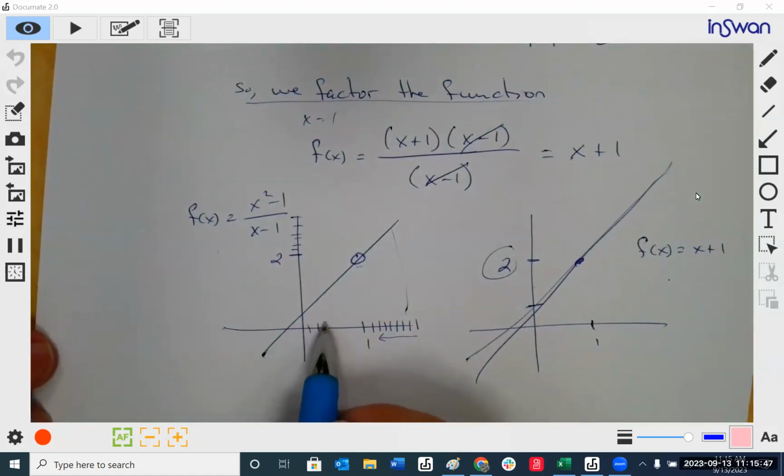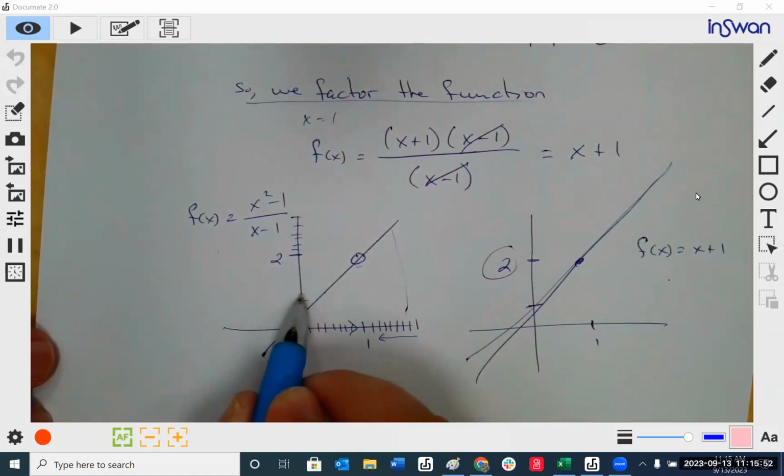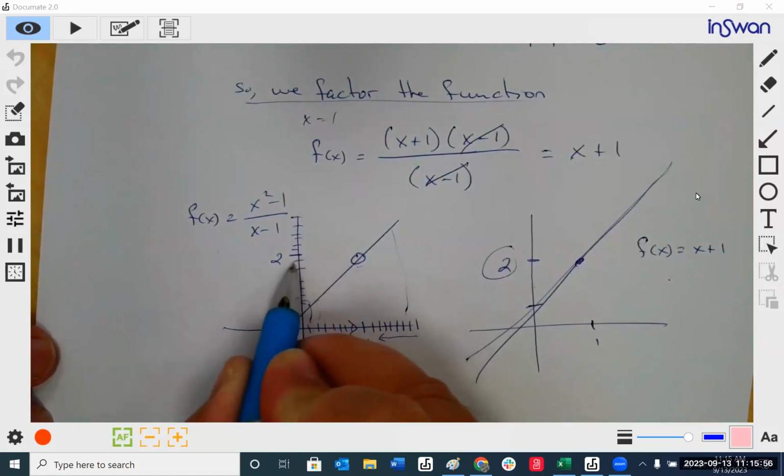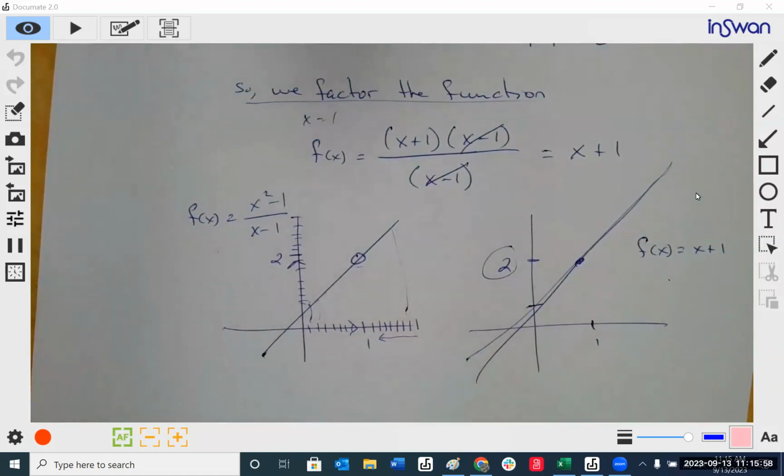Likewise, if we do it from the bottom, the graph gets higher. Eventually, it's going to 2. It doesn't have to get there, but it just has to approach the same value from both sides.